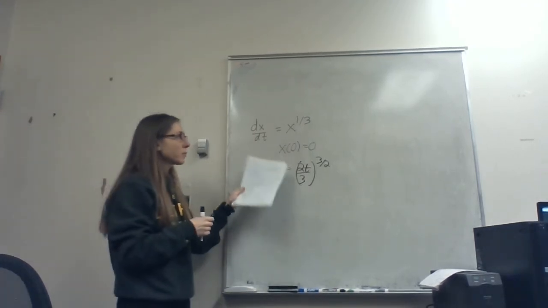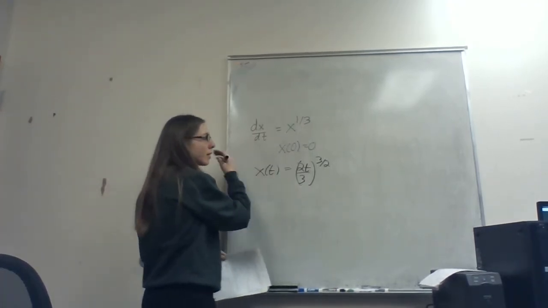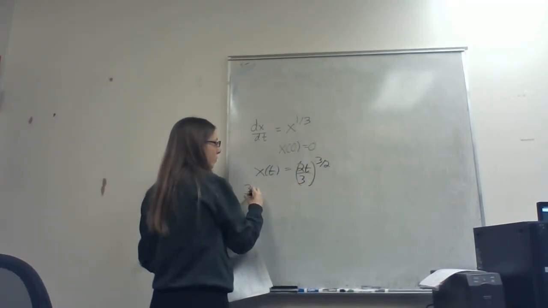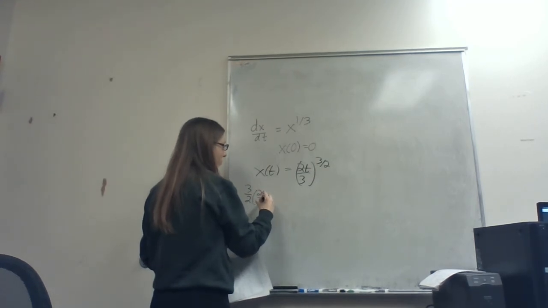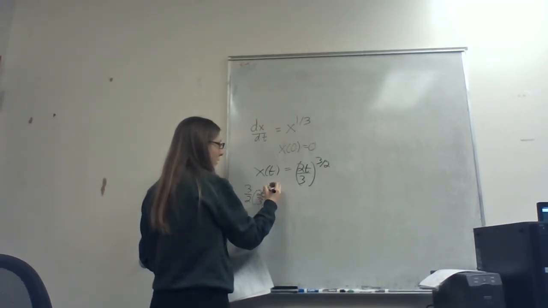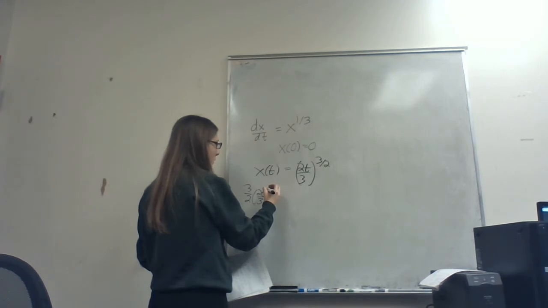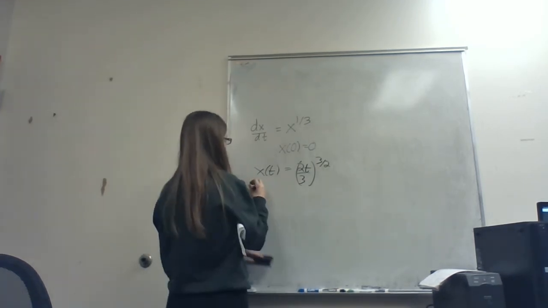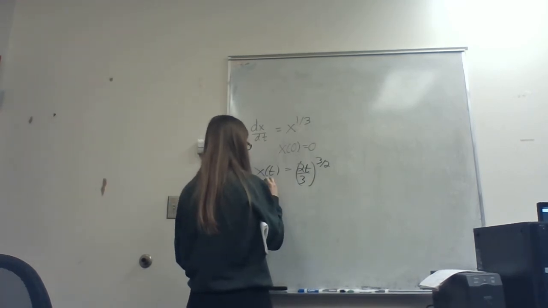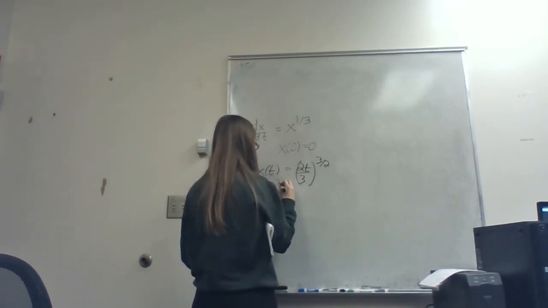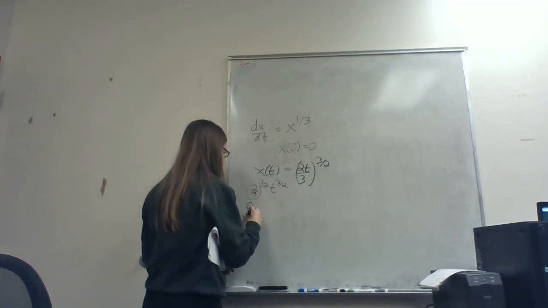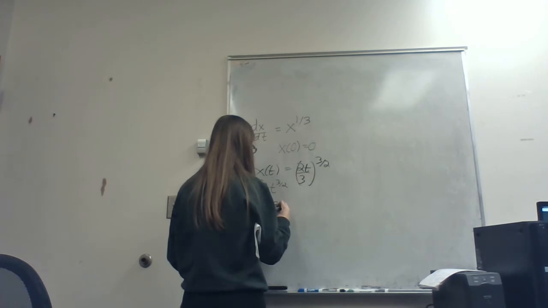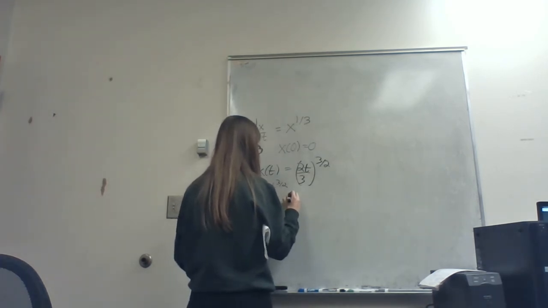If I plug this into the right-hand side, I take the derivative of this: 2/3 to the 3/2, t to the 3/2. So it will be 2/3 to the 3/2 times 3/2 t to the 1/2.